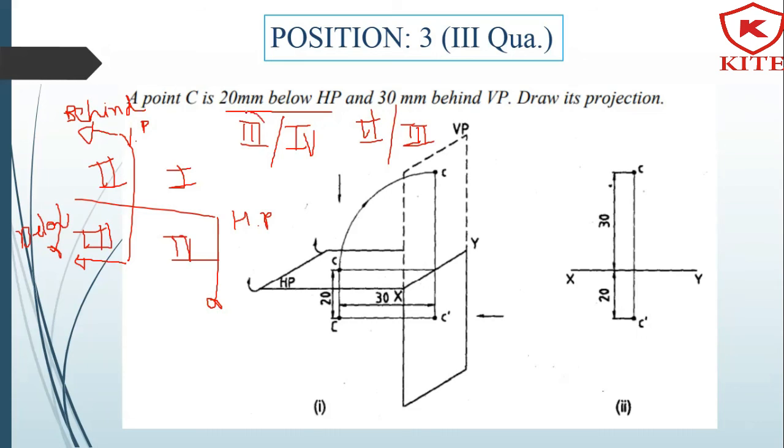So the intersection of both is your quadrant, which is the third quadrant.